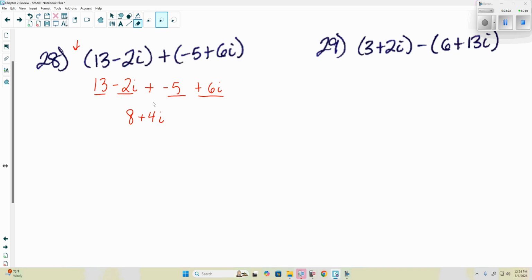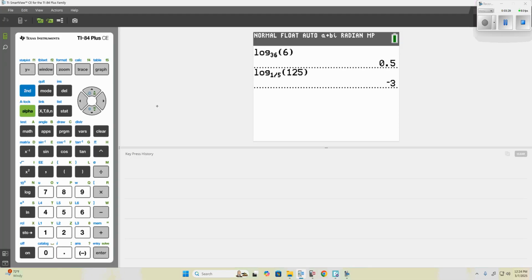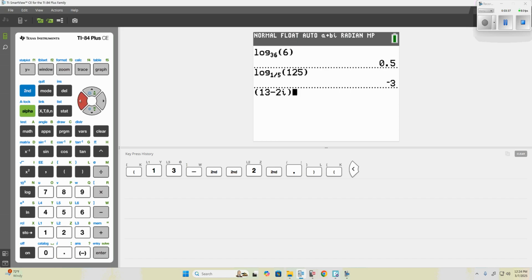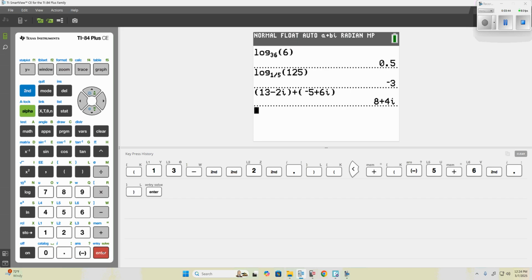So for the graphing calculator, we could have done parentheses 13 minus 2i plus negative 5 plus 6i, which gives us the 8 plus 4i that we just got.